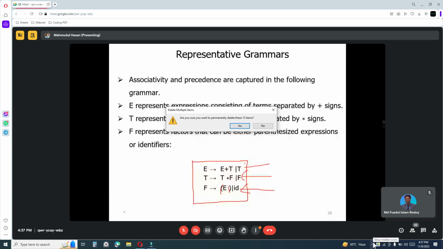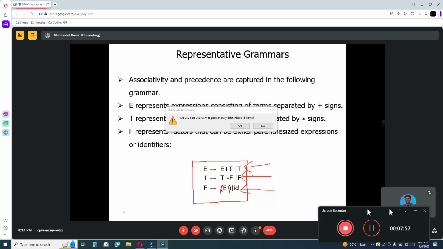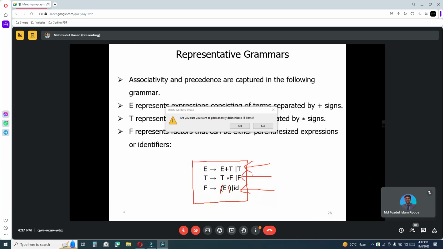We also notice this at the time of the syntax tree: in a syntax tree, the higher the precedence, the lower the level. So here also, if the precedence is highest, it is situated at the lowest level. Then this one, then this one. That means this one has the highest precedence, then this one, and then plus. Okay, everyone?